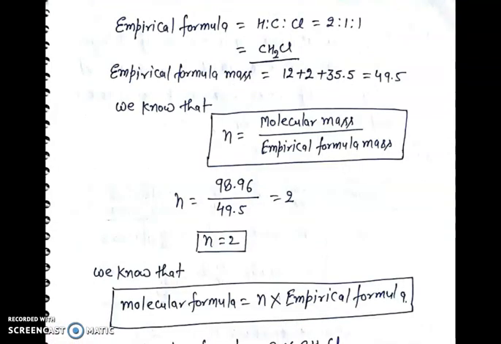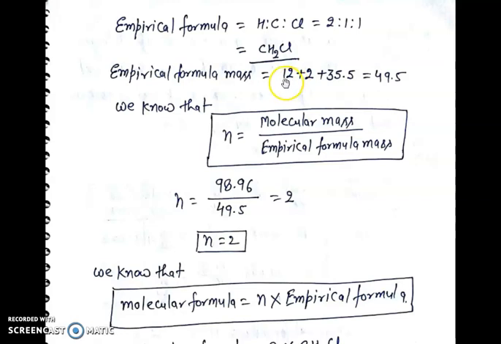So the simple ratio of hydrogen, carbon and chlorine is equal to 2:1:1, and the empirical formula, that is the simplest ratio of the atoms, is CH2Cl. Calculate the empirical formula mass by adding the atomic mass of all atoms present in the empirical formula.